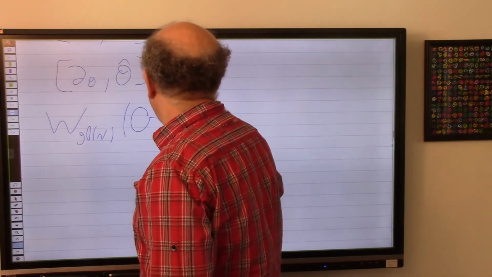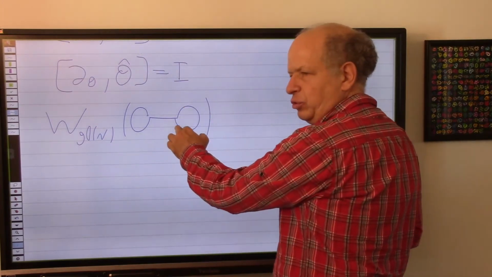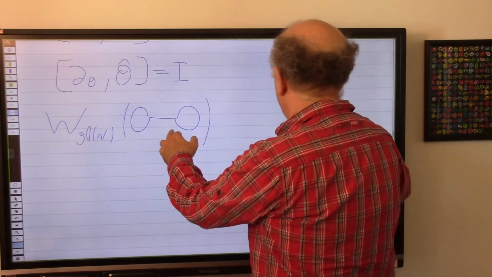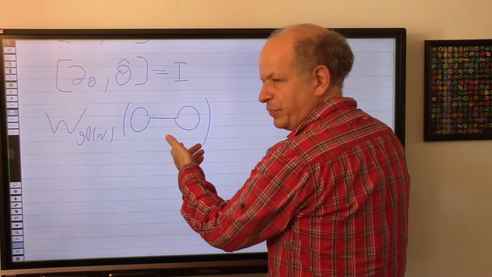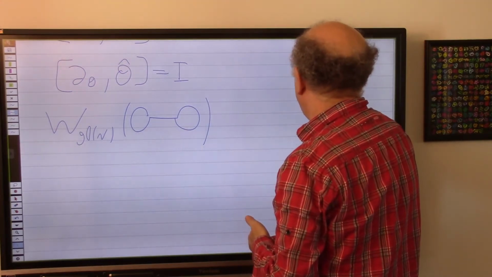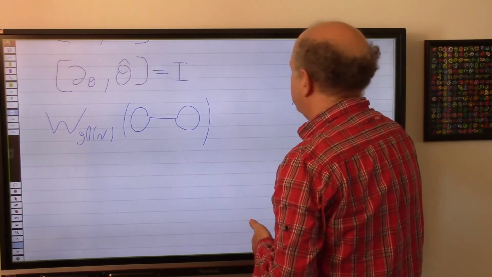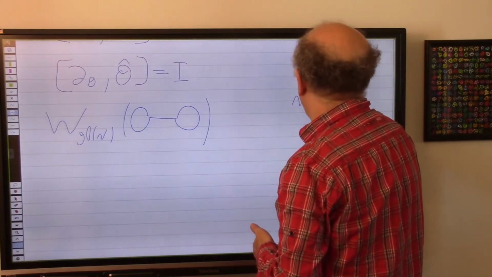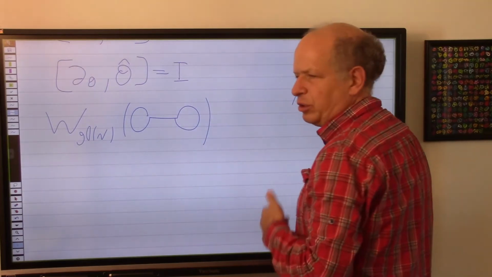Now, V here is equal to 2, so V over 2 plus 2 is 3. So we expect to get n cubed times a coefficient which better be non-zero.